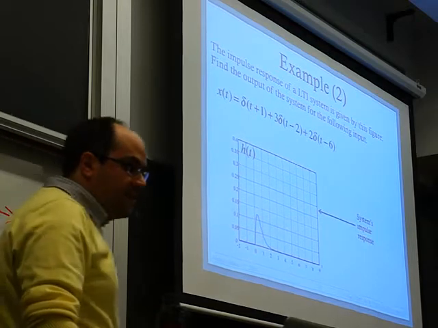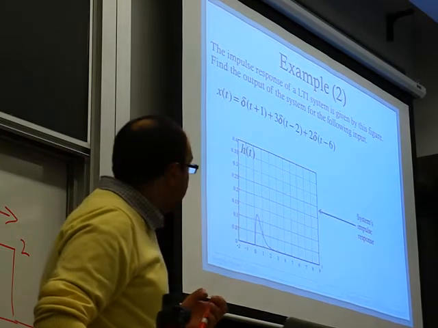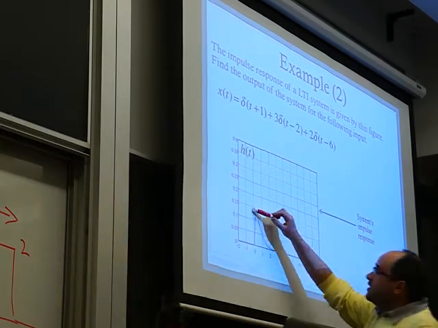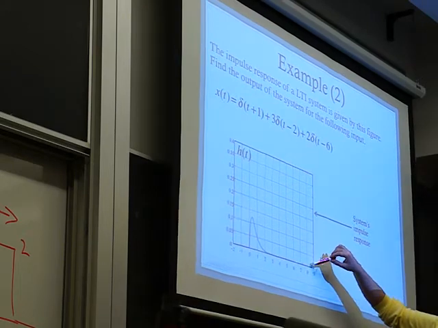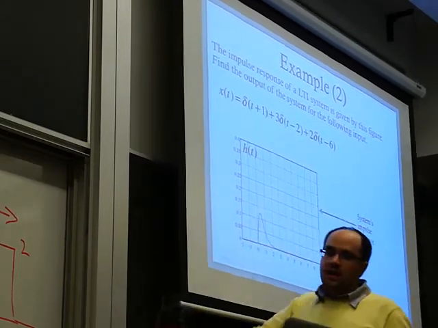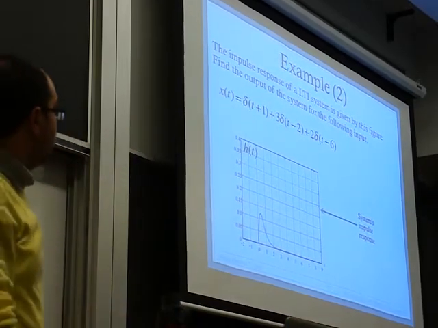And again, this is another example, because I want this idea of linear time invariance to sink in. If I tell you the impulse response is this, okay? The impulse response is when the input is just the delta function. And I tell you now what is the output of that system?